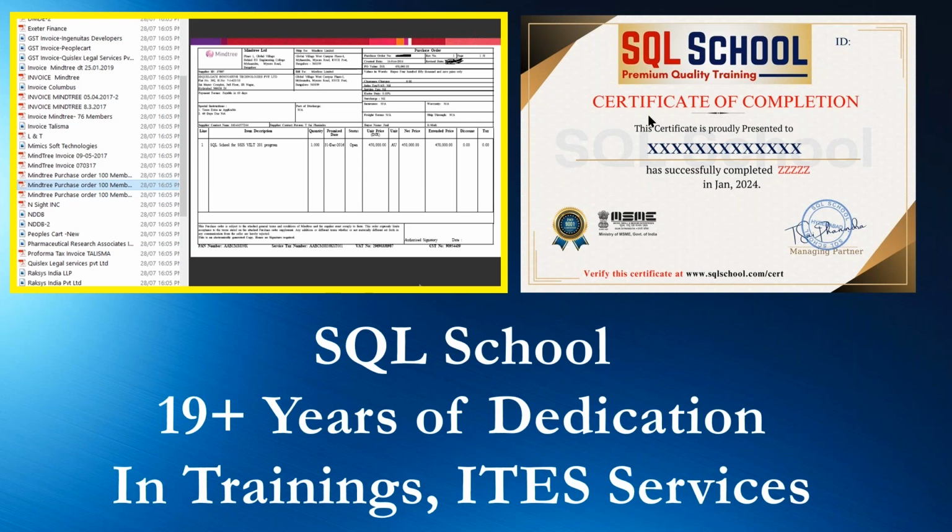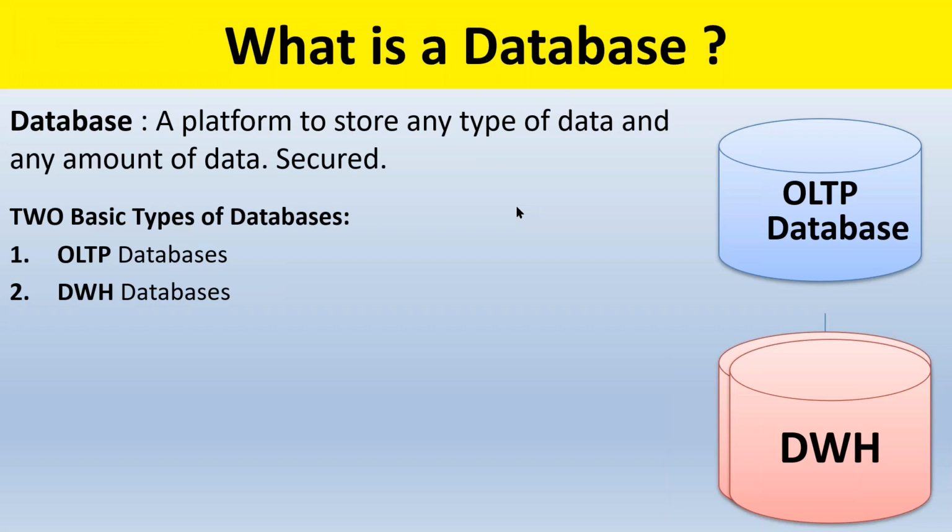What is a database? Before we learn what is engineering, what is a database first? A platform to store any type of data, any amount of data. Two basic types of databases: OLTP and data warehouse.